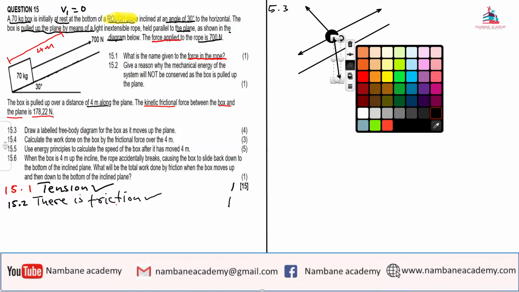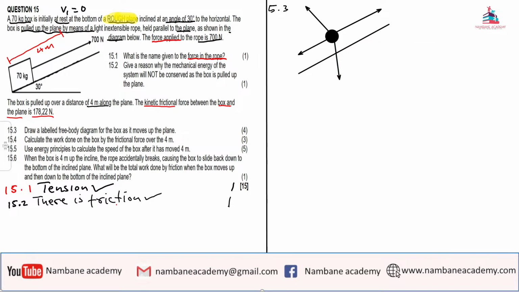And now I am going to add my labels. This is very, very important. Let's add the labels now. This would become the tension or the force applied in this instance. And then this becomes our Fn. This becomes our Fk. This becomes our Fw.